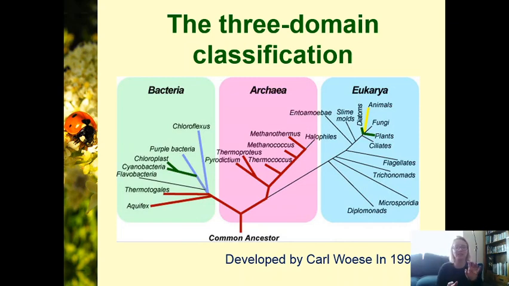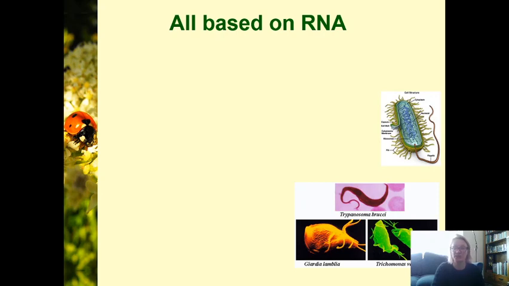In fact they had some characteristics that were very similar to bacteria, and other characteristics similar to eukarya, which actually changed our classification system. It was very groundbreaking at the time. A paradigm shift, all based on this RNA data.